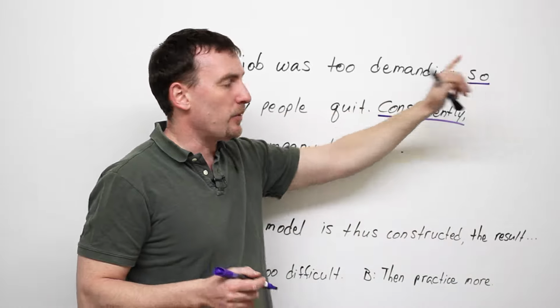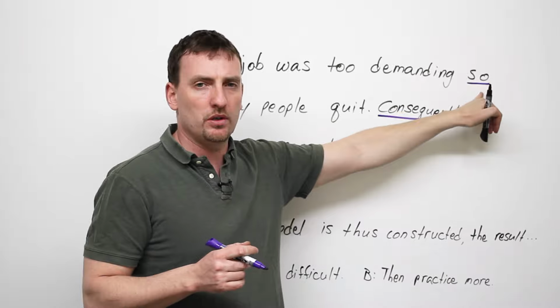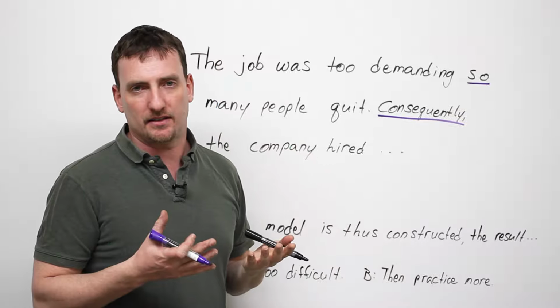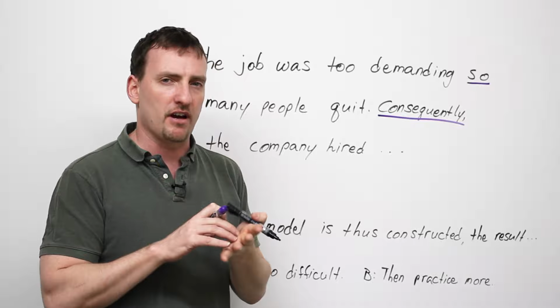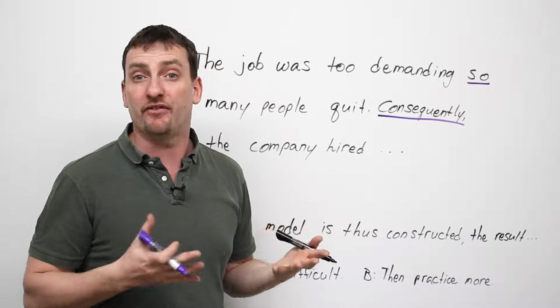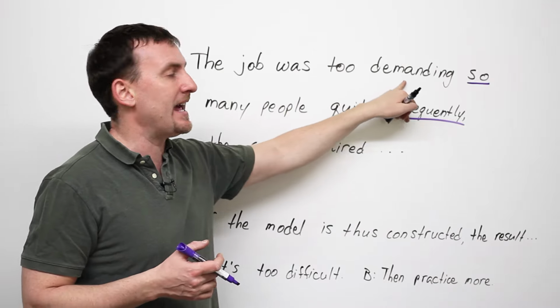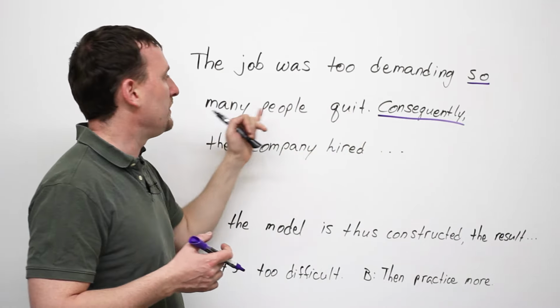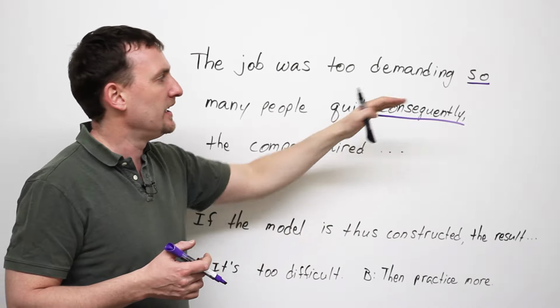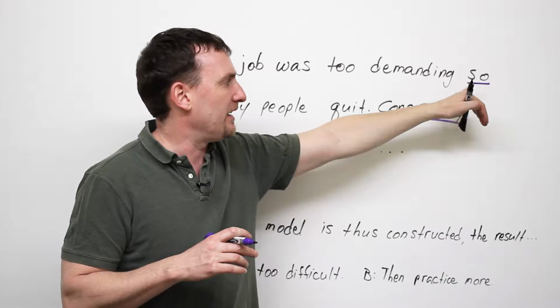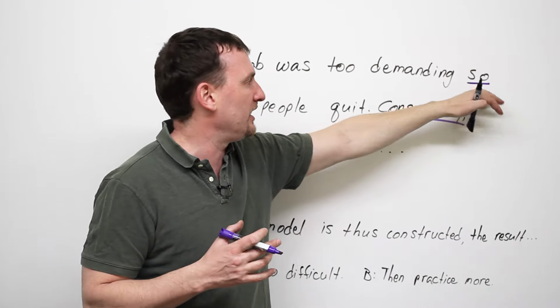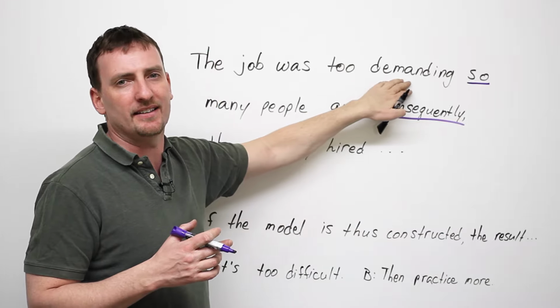And another thing I want to mention, so is used in many different ways. Be careful that you're using the right form or the right function of so. I could have written, the job was so demanding that many people quit. Okay? That's a little bit different form of so, because here we're talking about modifying demanding.